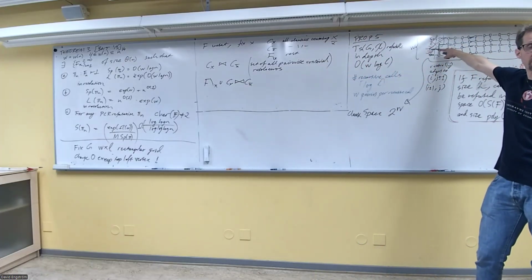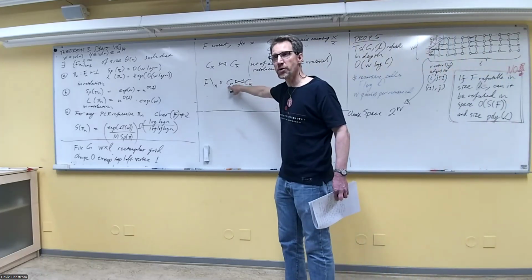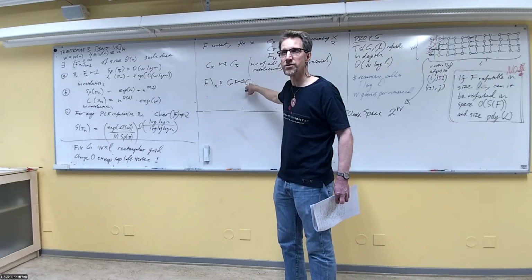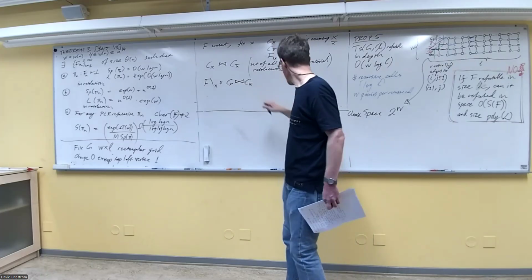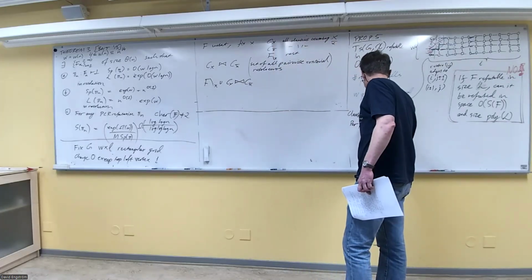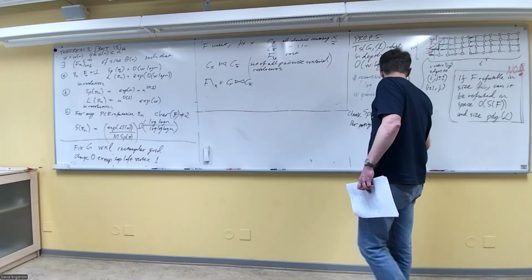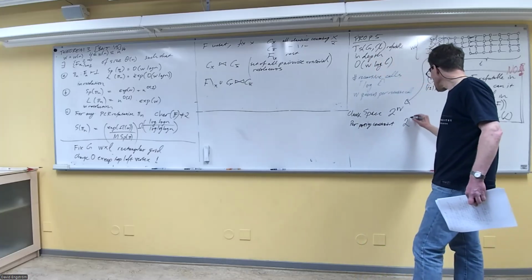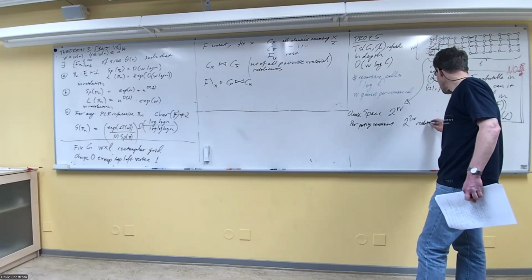Also essentially 2 to the W. So I will need to resolve 2 to the W clauses with 2 to the W clauses, worst case. So it's going to be 2 to the 2W. So per parity constraint, we get something like 2 to the 2W resolution steps at most.